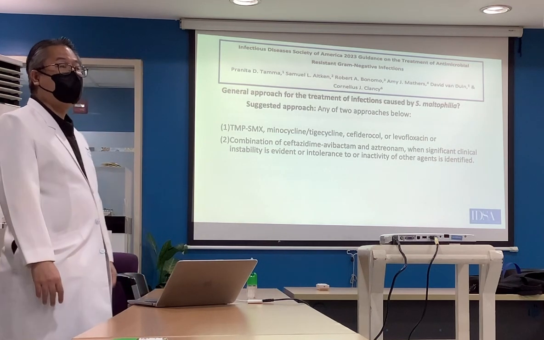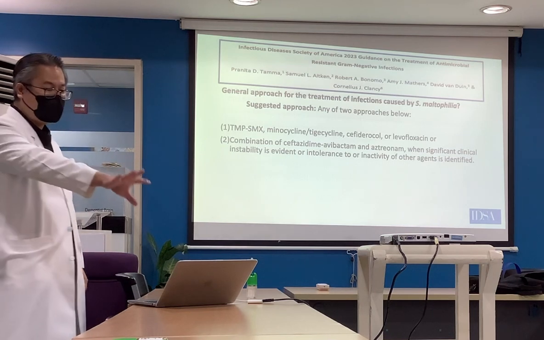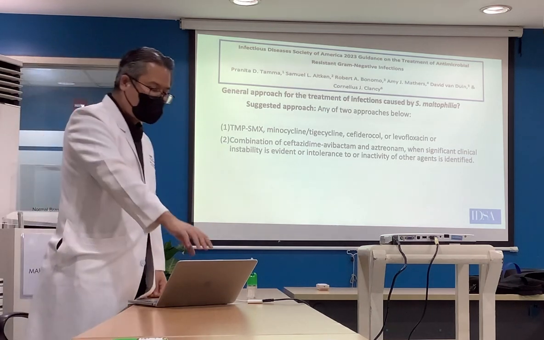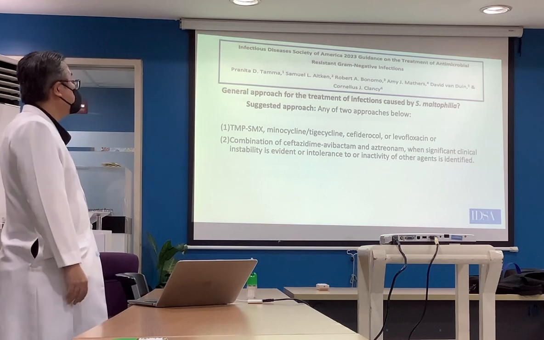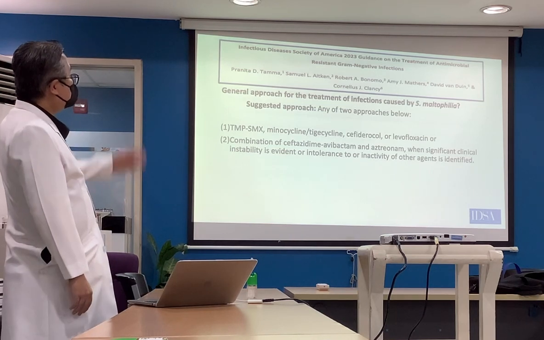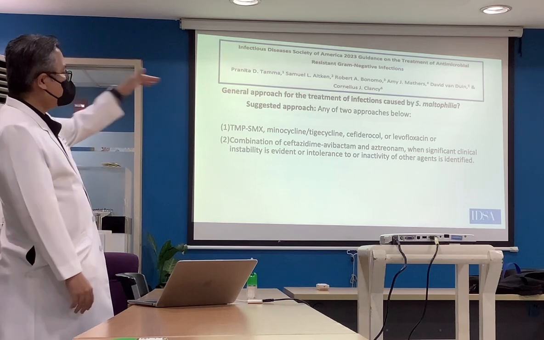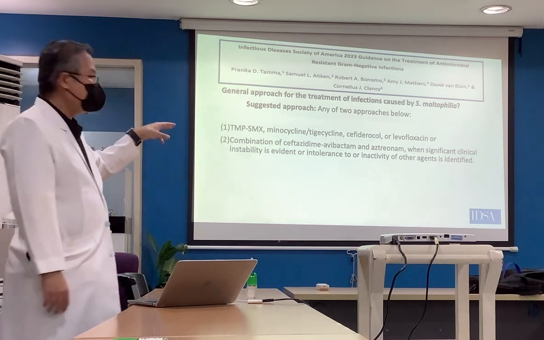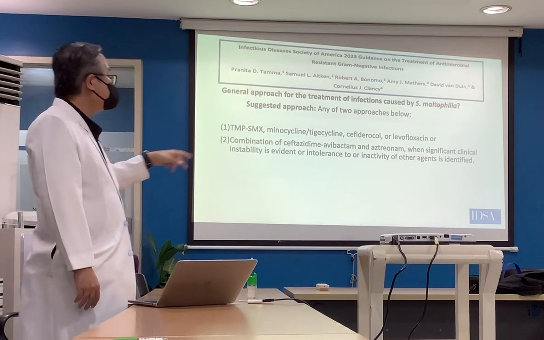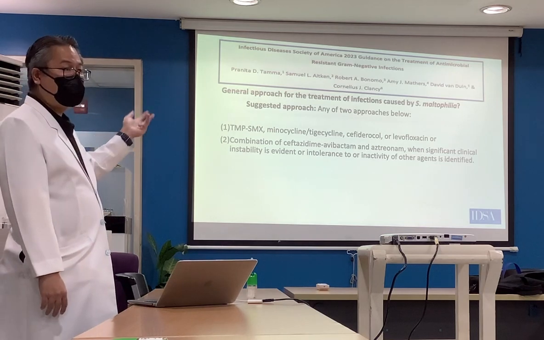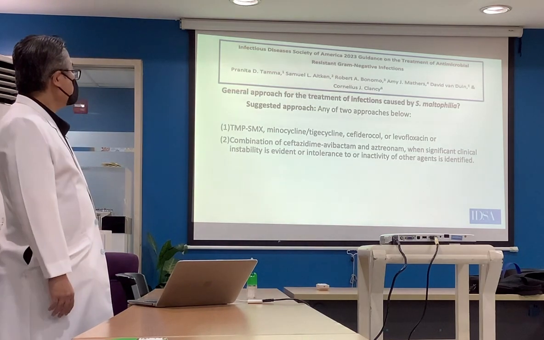Alright, so we're done with crab. Last na ito, yung organism na Stenotrophomonas maltophilia. So the panel suggested two approaches. First line would be co-trimoxazole, minocycline or tigecycline, cefiderocol or levofloxacin.